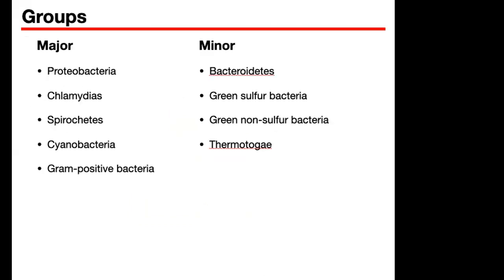No, meron tayong major and minor, sinabi natin kanina. So yung first major would be proteobacteria, chlamydia, and then spirochete, cyanobacteria, and then gram-positive bacteria. Okay? And then we have the minor: bacteroidetes, green sulfur bacteria, green non-sulfur bacteria, and thermotogae. Okay?